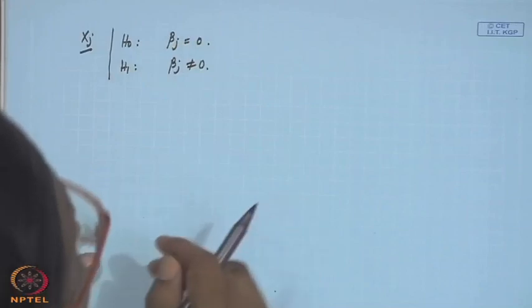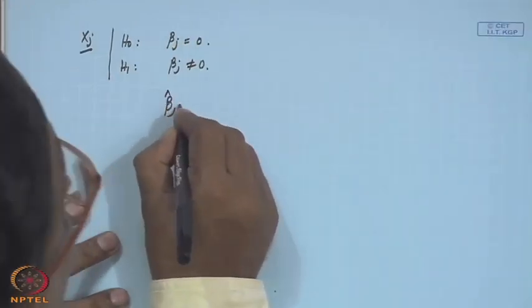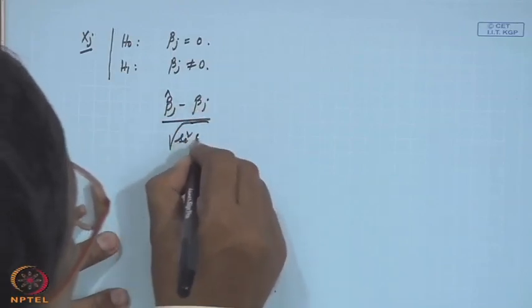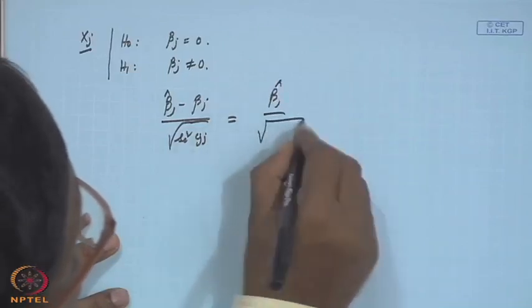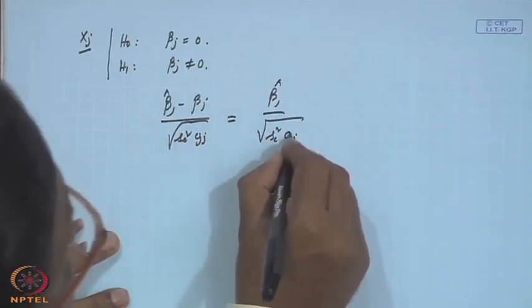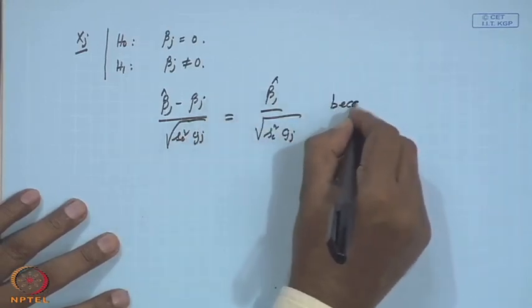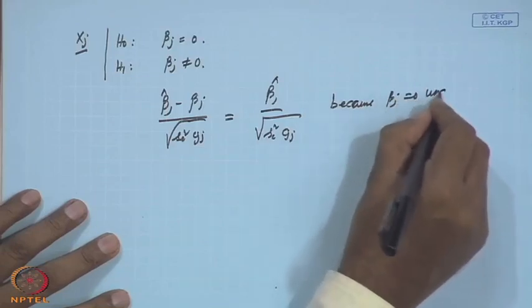So, under this case, beta cap j minus beta j divided by the square root of S square C j j will become beta cap j divided by the square root of S square C j j, because beta j equal to 0 under H0.